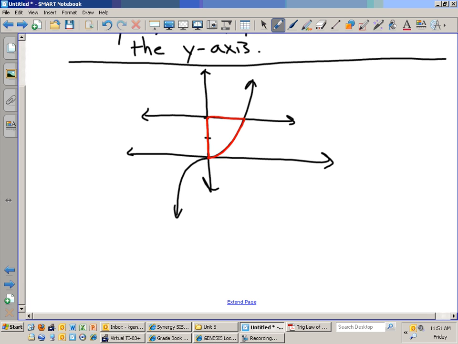And so if you do that, you'll get that kind of shape. So that area spun around. Okay?